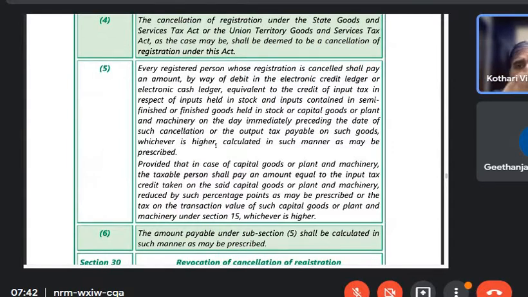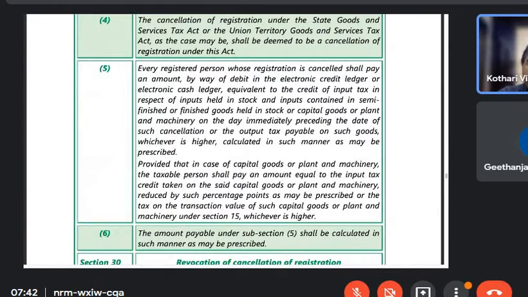So at the time of cancellation, what happens? A day before cancellation, you may have semi-finished goods, finished goods or capital goods. So those goods, whatever the input tax credit you have claimed, compare that with the output tax you are going to pay if it is sold. Whichever is higher, that you have to pay. If you have input tax credit, pay by the input tax credit or pay by the cash ledger.